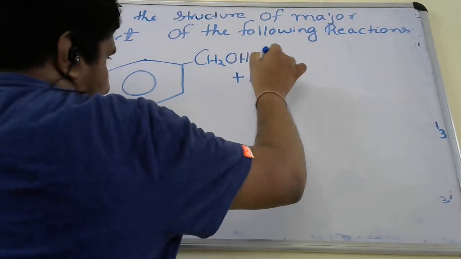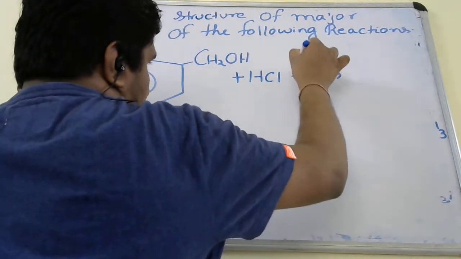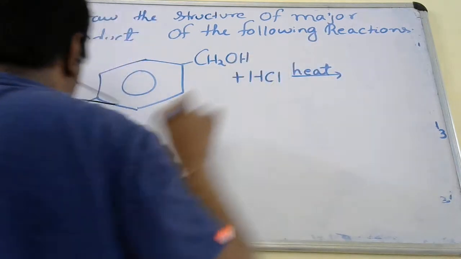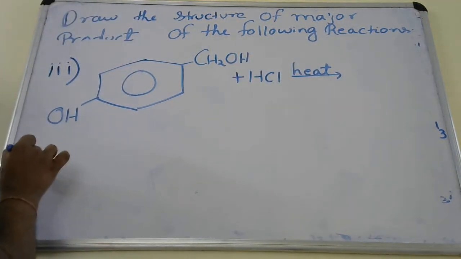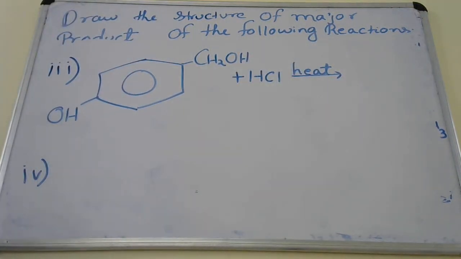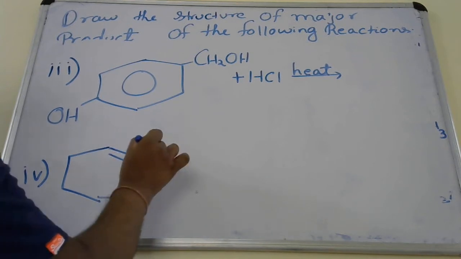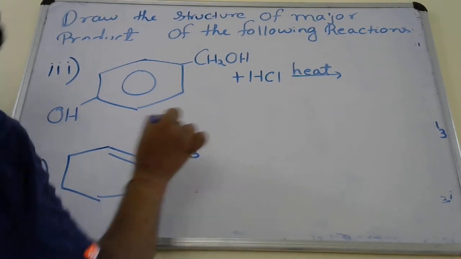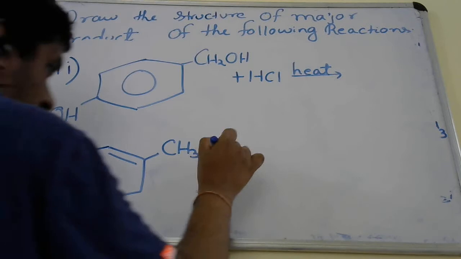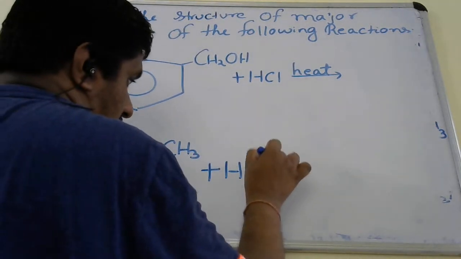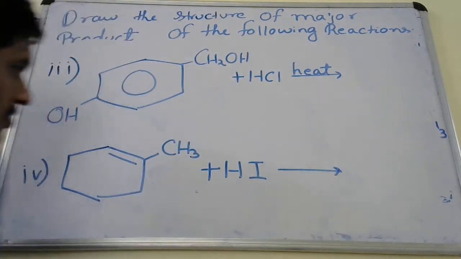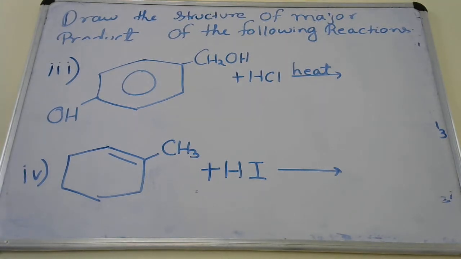Now you give HCl and heat. Bit 4 is given. Let us do these two bits. Let us do bit number 3 first.